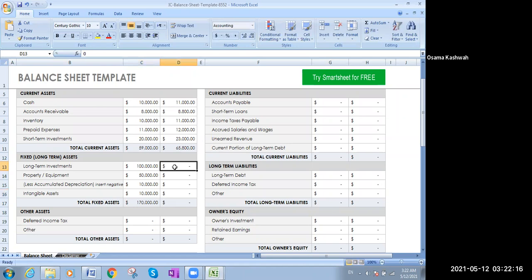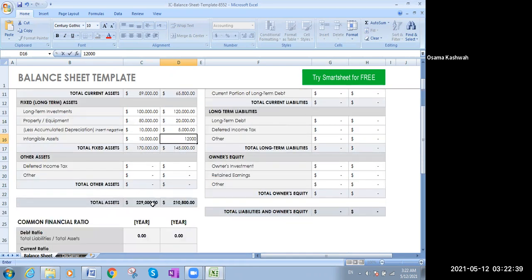Here I will do the same likewise. I will say 120,000. I will say here 200,000. I will say here the depreciation is 5,000. And I will say the intangible assets here are 12,000. Though I wanted to leave the intangible, but it's okay.